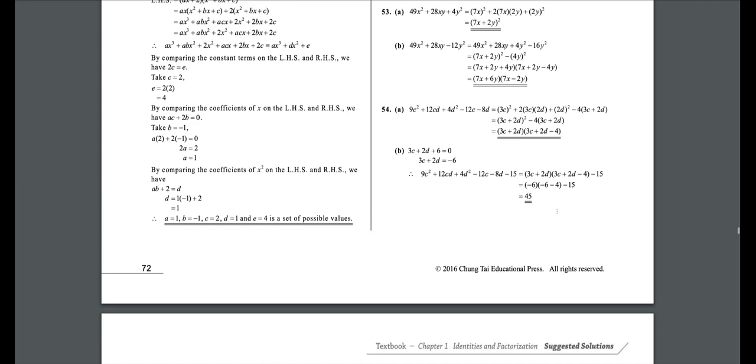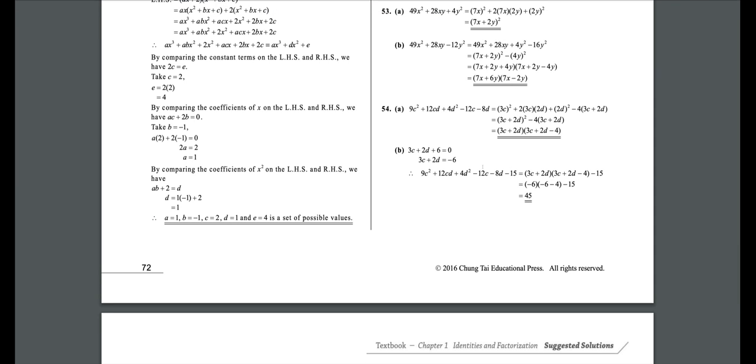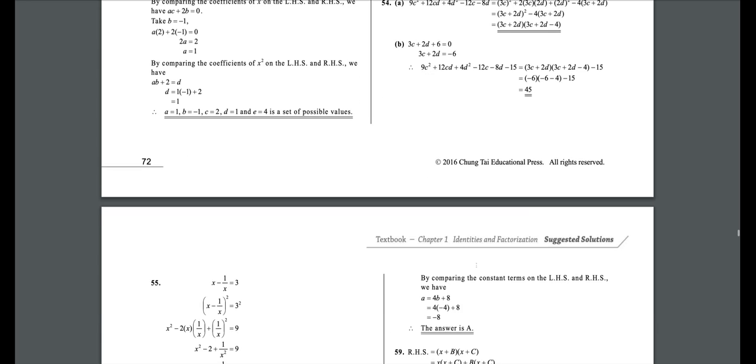Okay, and then for 5 items like this one, you just have to make sure that you can see that will be the perfect square for the first 3 items, and then for the second last and the last one, you should know that you can take out the common factor 4. Okay, this is B. By using this one, you make good use of the relationship.